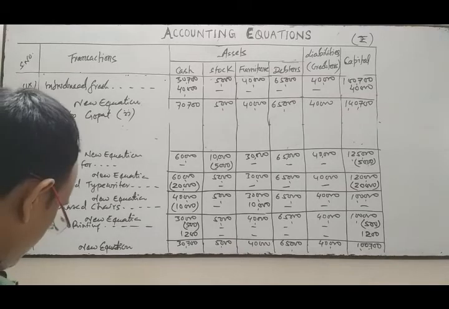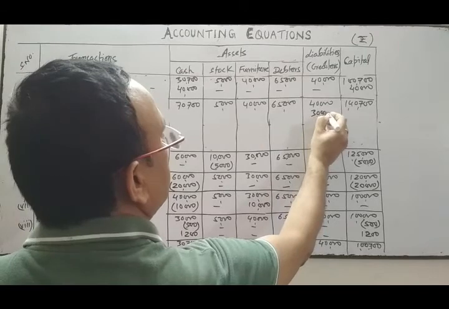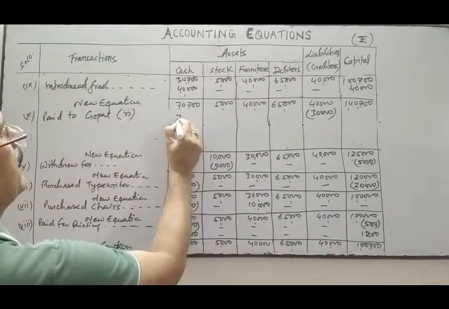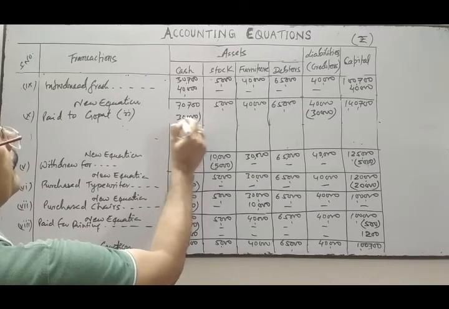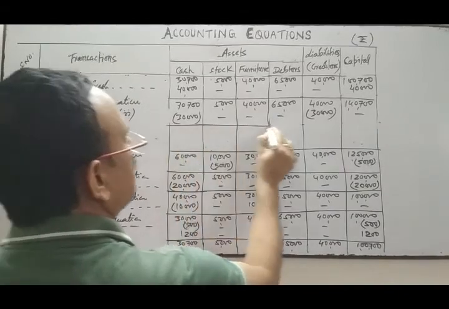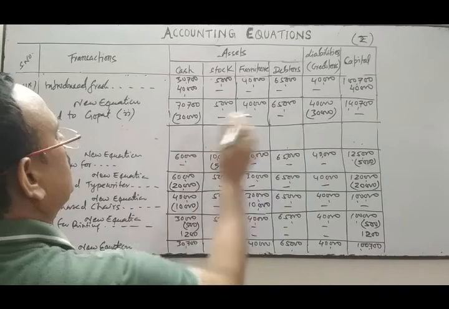So when we pay that amount of 30,000 to Gopal, our creditors will reduce by 30,000 and cash will reduce by 30,000. There will be no effect in other columns.